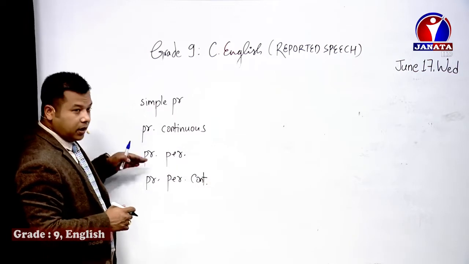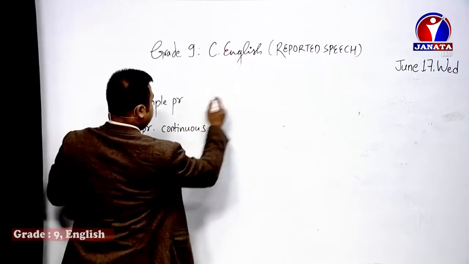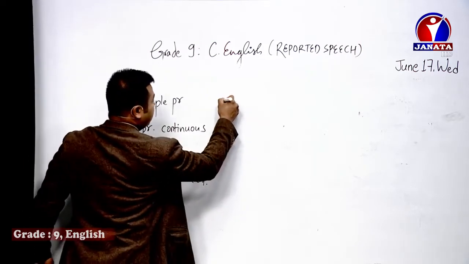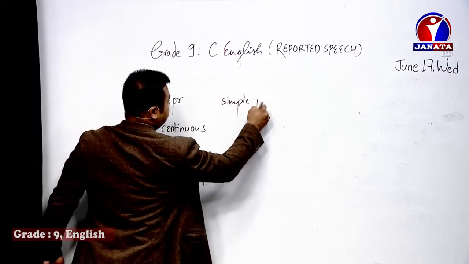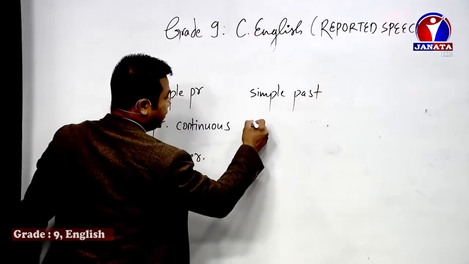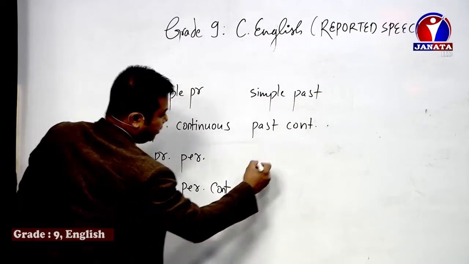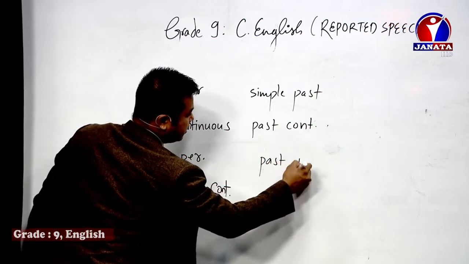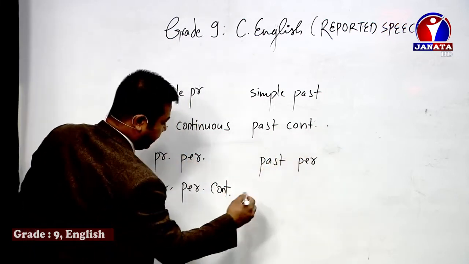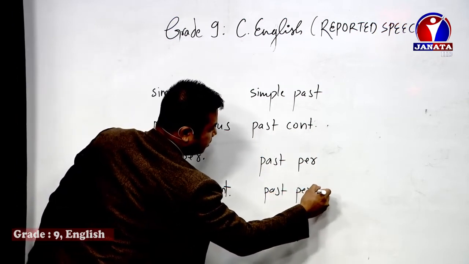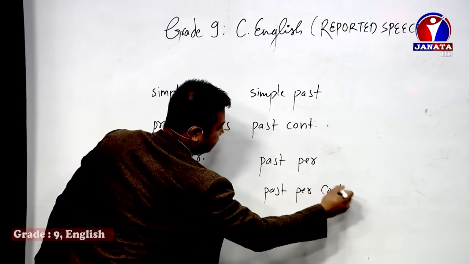You have these 4 in present, and their similar past structures are simple past, then past continuous, then past perfect, then past perfect continuous.